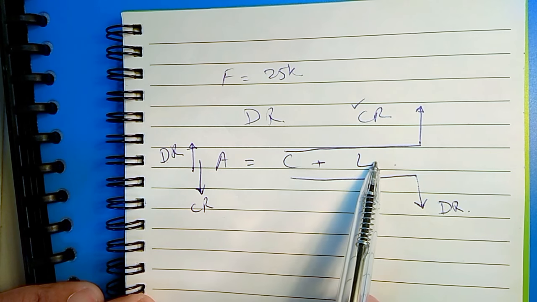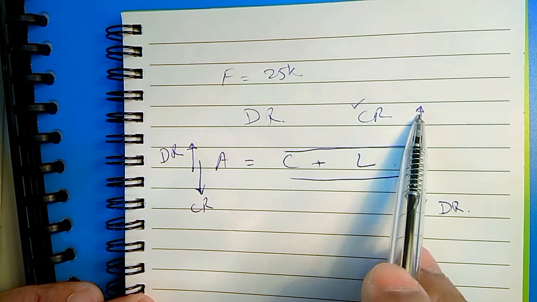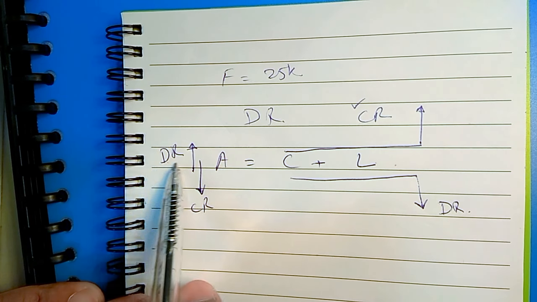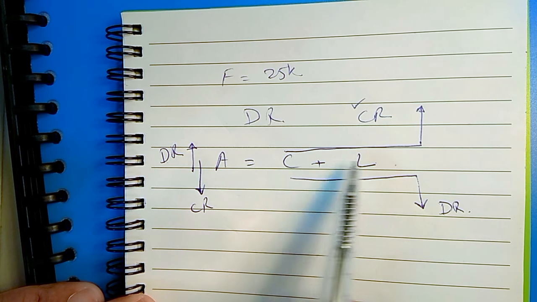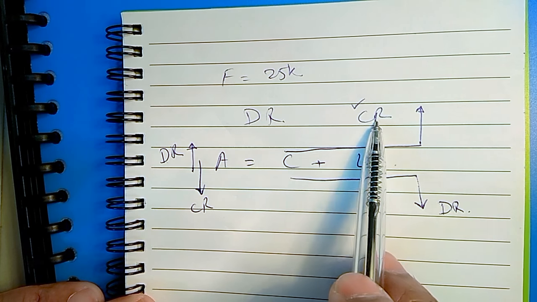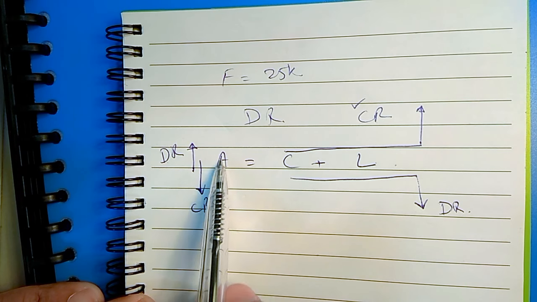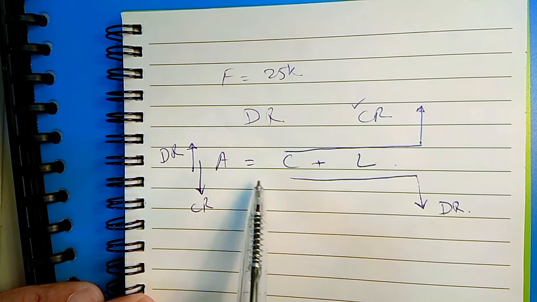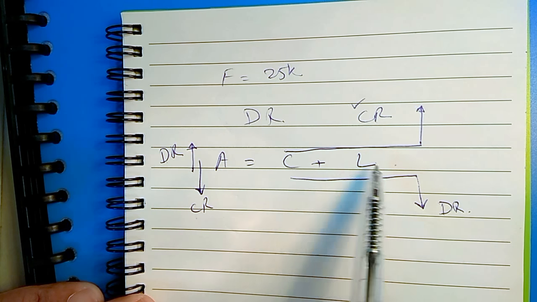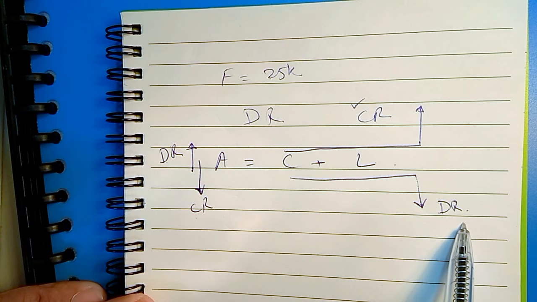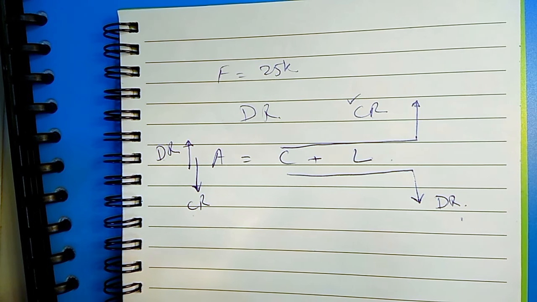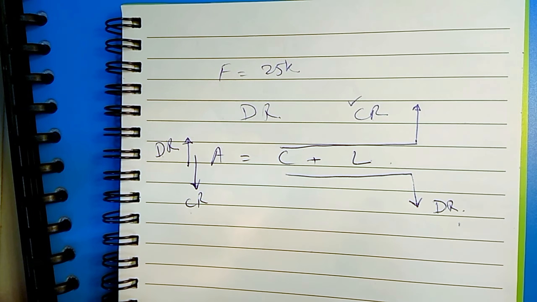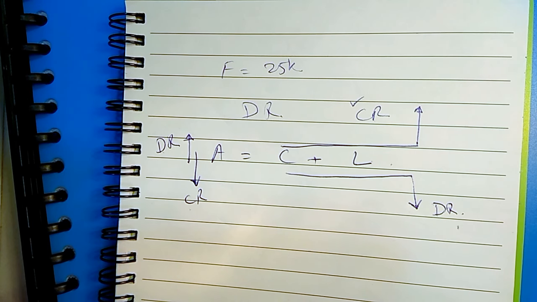On the other side of the equation, capital and liability going up is a credit. So if you just remember the debit, you will always remember the opposite: if it's going up, it's a credit. If you remember assets going down is a credit, then it's very simple. Capital or liability going down is a debit. So just remember this equation, and this is the best thing you will ever learn in accounting.